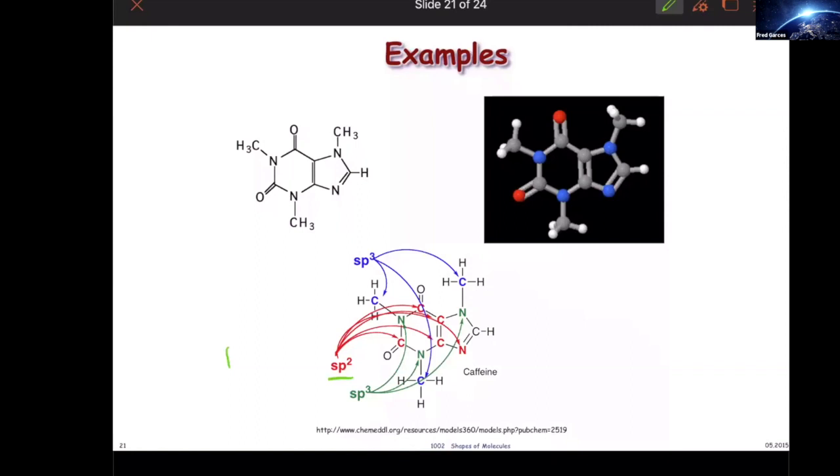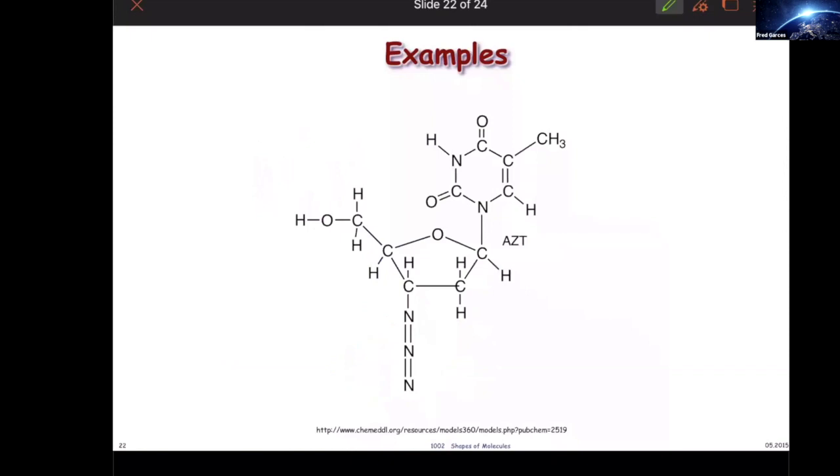So here's AZT. Remember, this particular drug was instrumental in helping combat AIDS. So you can see that I developed this lesson plan way back in the early 90s. You guys can practice on that.